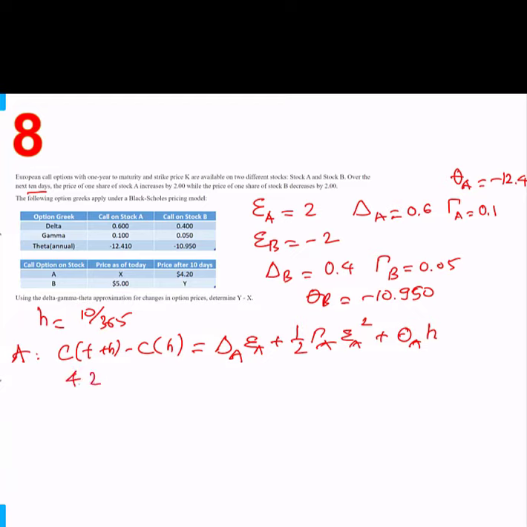The call price 10 days later is 4.2. The call price of today is X. This is the call price, not the stock price.